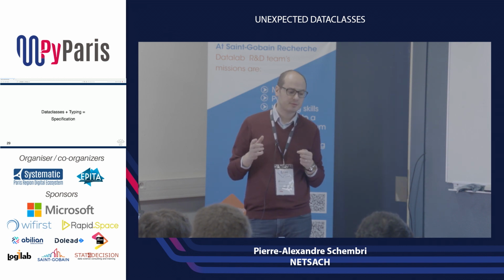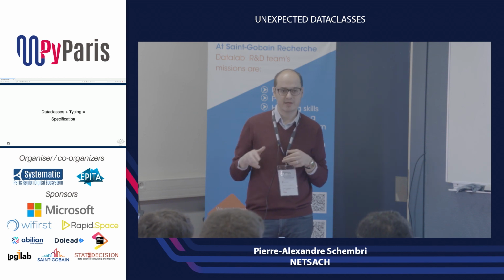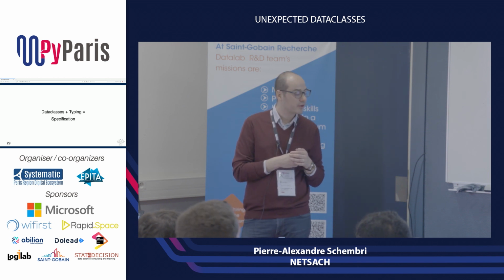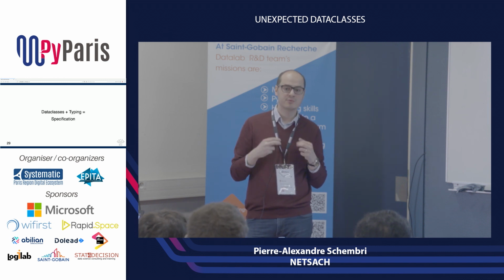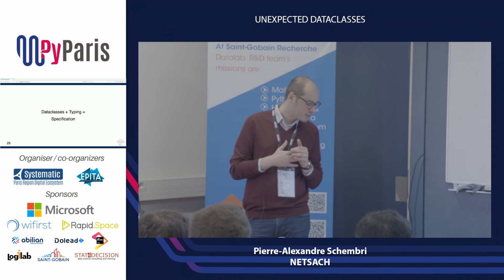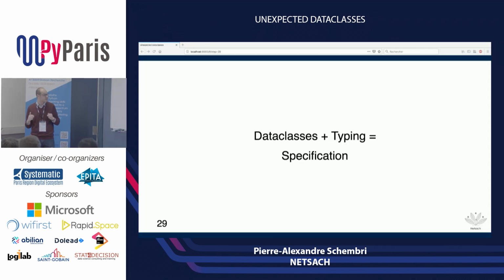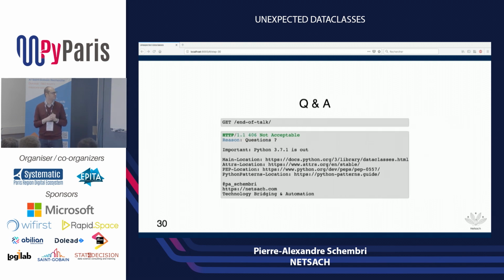I believe we can even replace some abstract base classes by data classes in some cases where we use them as interface specifications. And on top of that, we saw earlier that the data class module helps us and pushes us toward best practices. So I would really recommend anyone to dig into this module and start using Python 3.7 in their project right now. Thank you. That's it for today.